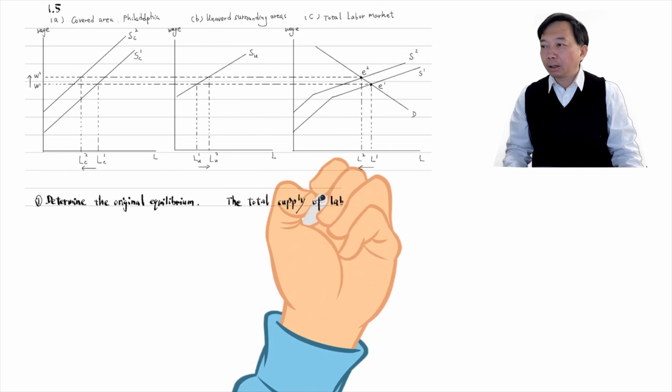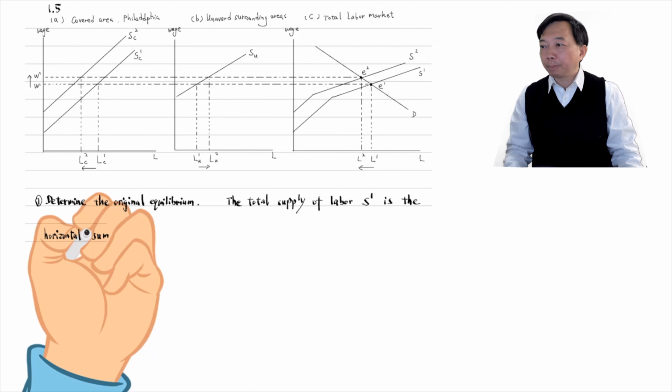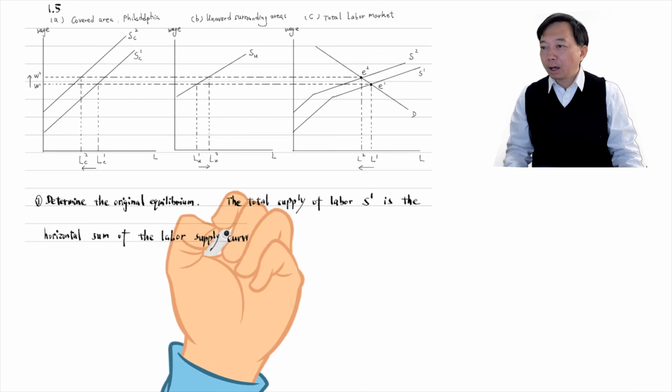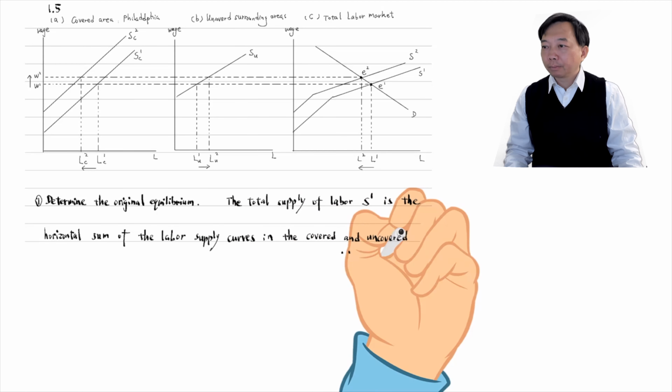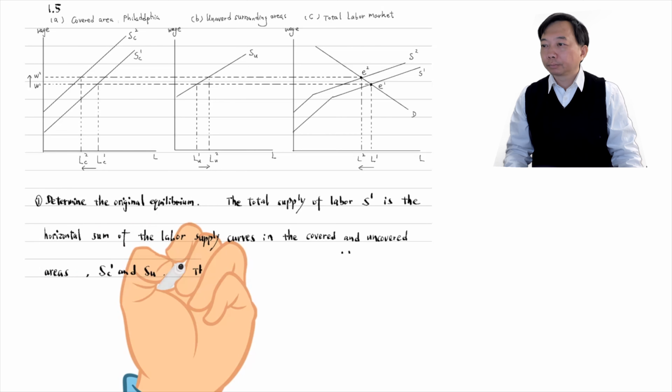The total supply curve S1 is the horizontal sum of the labor supply curves in the covered and uncovered areas, SC1 and SU. The covered area is Philadelphia, and the uncovered area is the surrounding area.